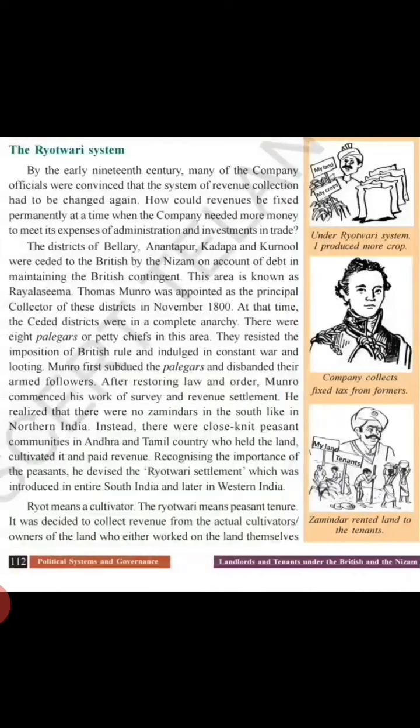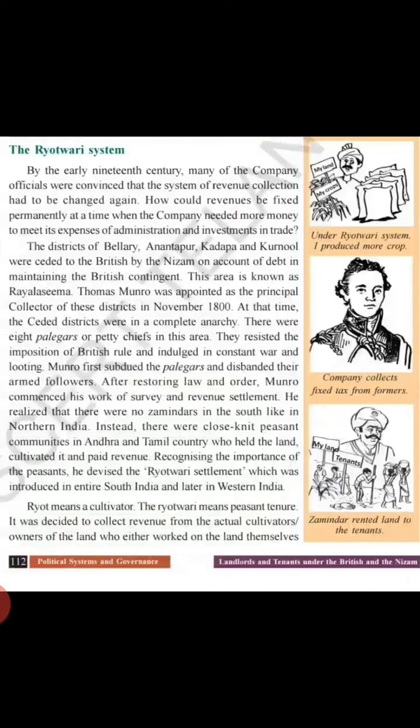So first the poligars were disbanded. Along with these poligars, some followers who constantly made wars or lootings were also there. So first all these things were removed. Then he commenced his survey and revenue settlement, to decide how to pay the revenue.